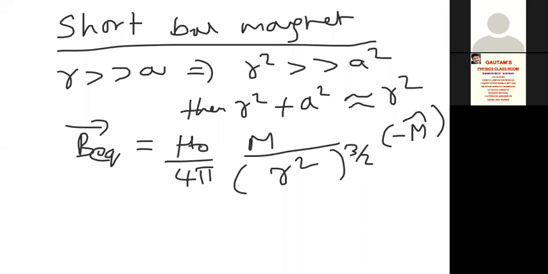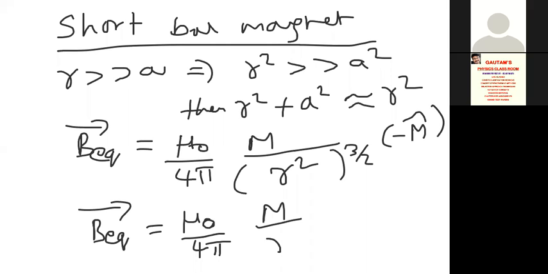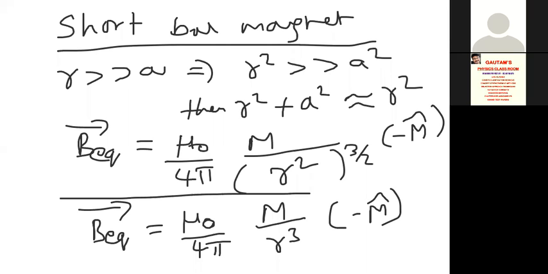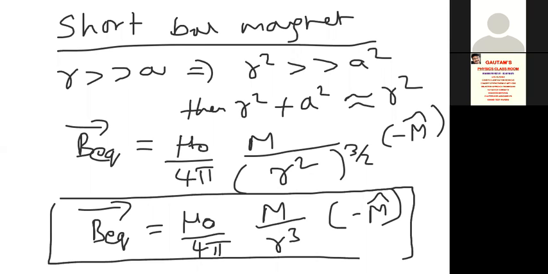So now this square will be cancelled, the 2 will be cancelled, and we are left with a cube. So my final expression is B equatorial bar is equal to mu naught by 4 pi, m by r cube, into minus m cap. This is the short bar magnet expression.